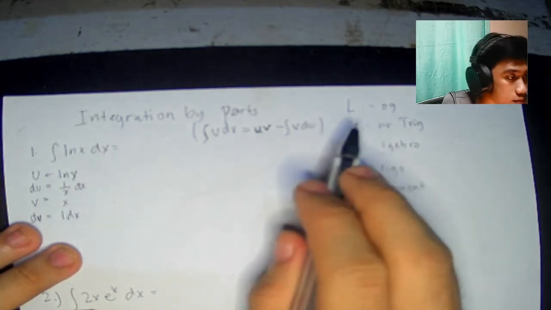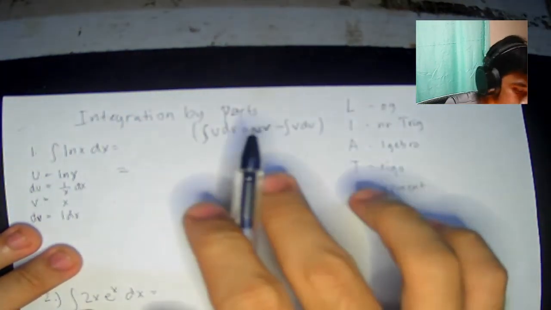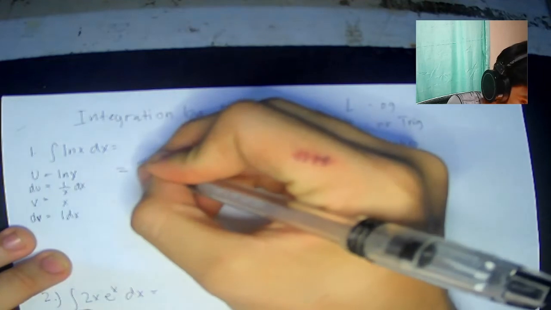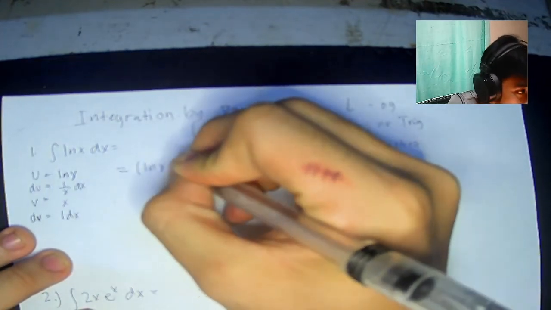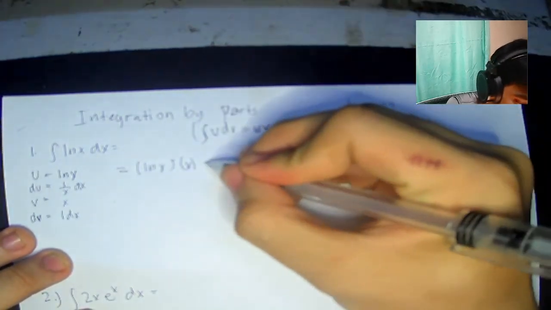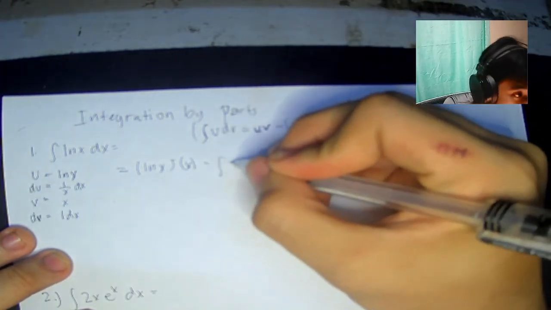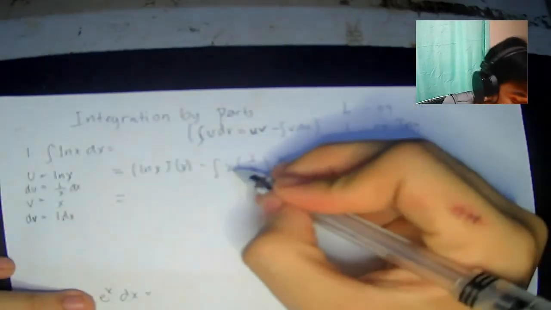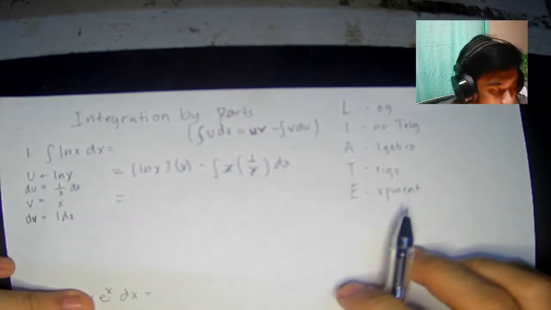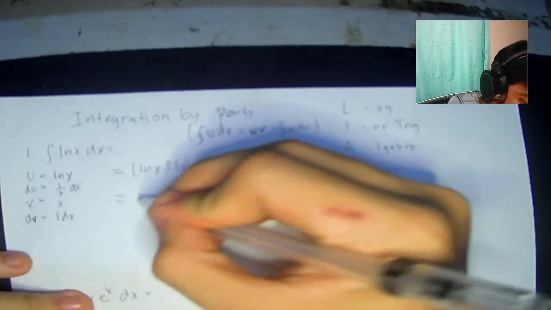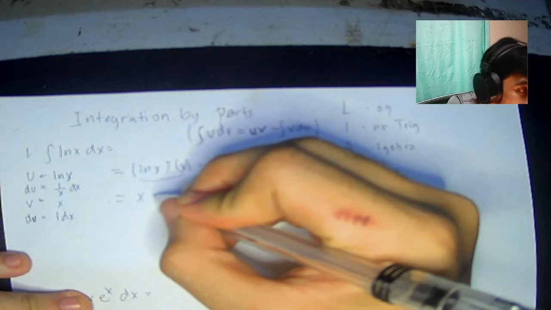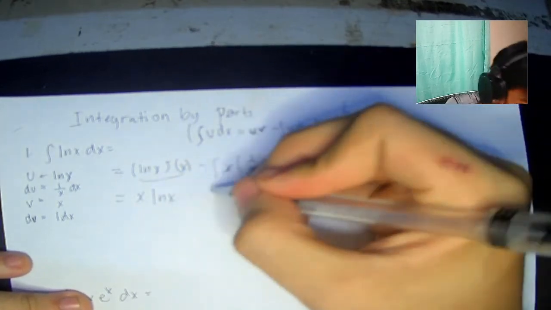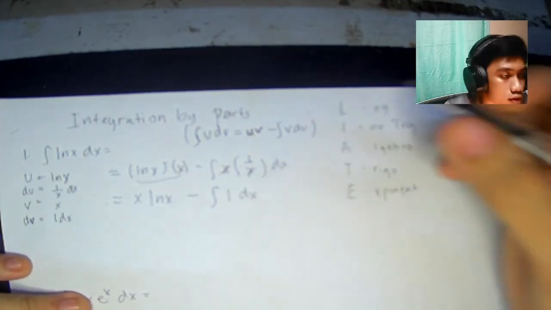We'll use this formula. We'll have u times v, so ln x times x, minus the integral of x times 1 over x dx. In this case, we can cancel x with x. So we have x ln x minus the integral of 1 dx.